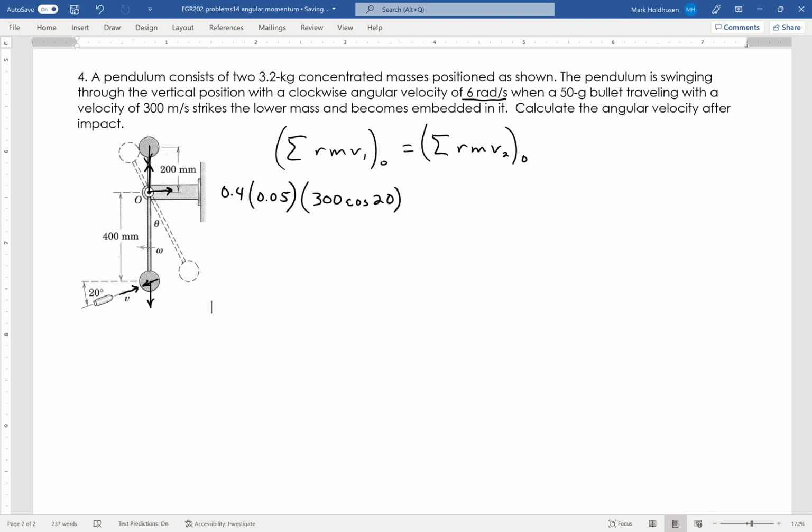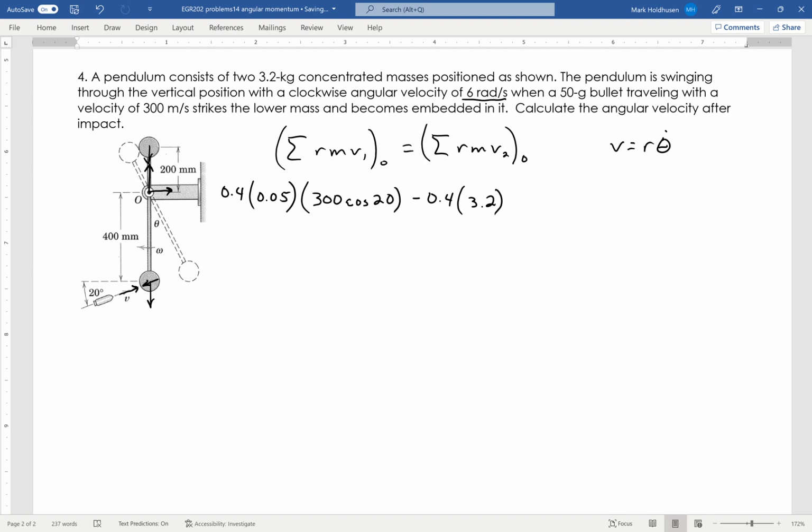Now, this thing has a negative momentum initially, so it's swinging in the opposite direction. So that lower mass is going to be negative R 0.4, M 3.2, and then V. Remember that V is equal to R theta dot, right? R is fixed, doesn't change with time, so it's basically the arc length time derivative, which is R theta dot, okay?